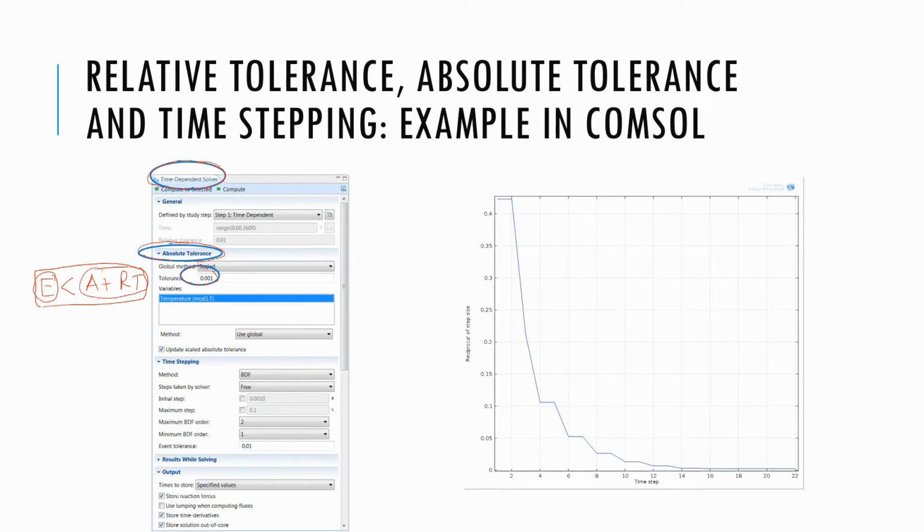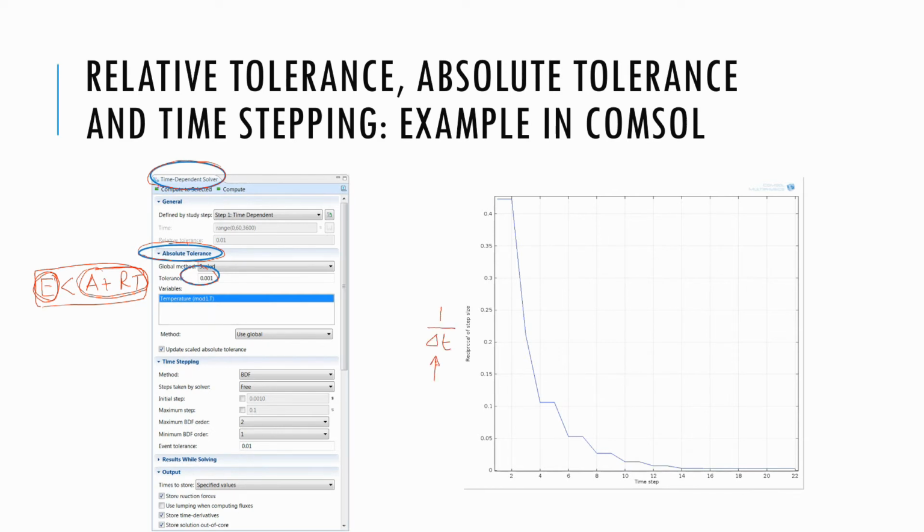So when the solution is not changing as rapidly later on, it can take a larger time step and the error would still be less than this. And this is an example of how the computation looks. So what's plotted here is 1 over delta t.